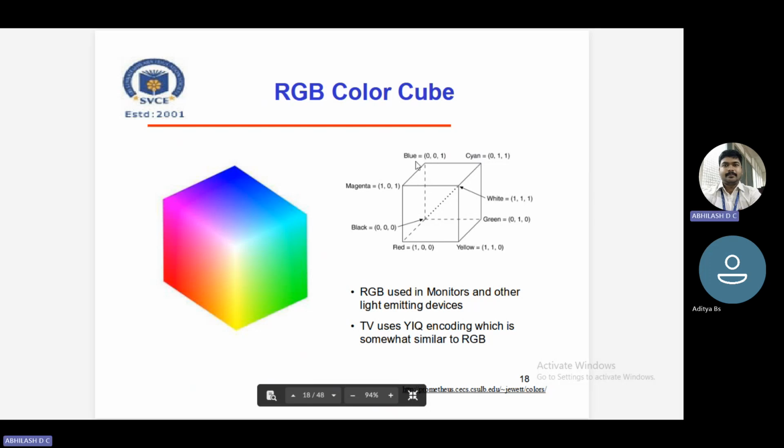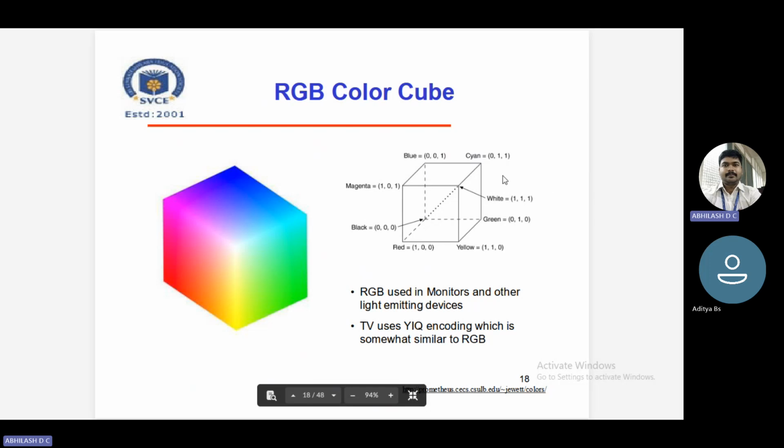As you can see in the cube over here, this is the first vertex, this is the second, this is the third, and this is the fourth. Similarly, we also have the fifth, sixth, seventh, and eighth, right? So these are the sides, these are the vertices, right? Vertices are nothing but where the points meet, right?